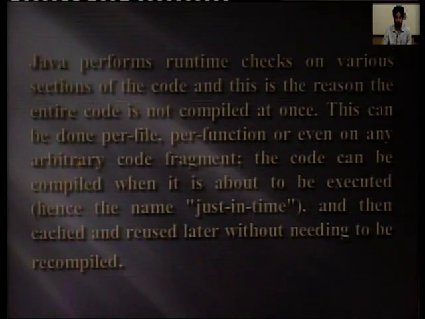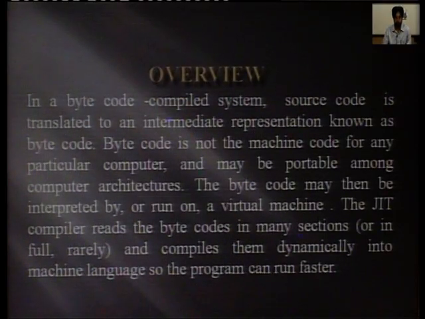So once again I will repeat the JIT function, because JIT needs to be clear. If JIT is not clear, you cannot easily write code, because we can't compare the .NET framework with other programming languages. In a bytecode compiled system, the source code is translated into an intermediate representation known as bytecode. Bytecode is not machine code for any particular machine.